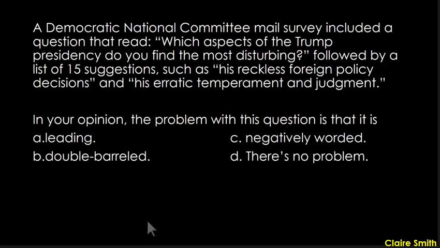So in your opinion, is the problem with this question that it's leading, double-barreled, negatively worded, or no problem? The answer is it is a leading question, right? If we're saying which is the most disturbing, and then you go through a list of a bunch of negative things, obviously that's not a neutrally worded question. You're leading the respondent to answer a certain way, okay? So we want to avoid that.